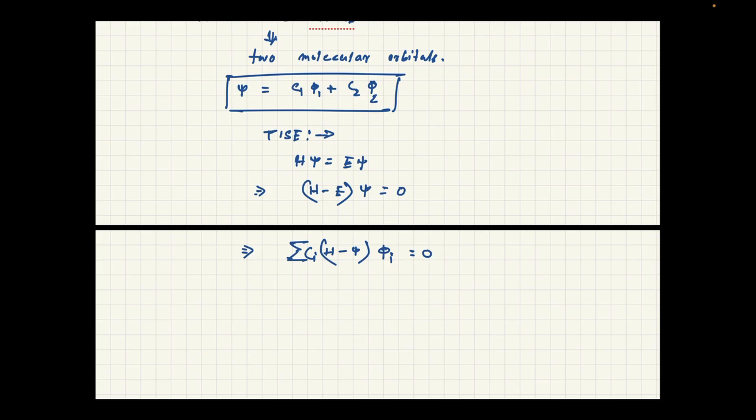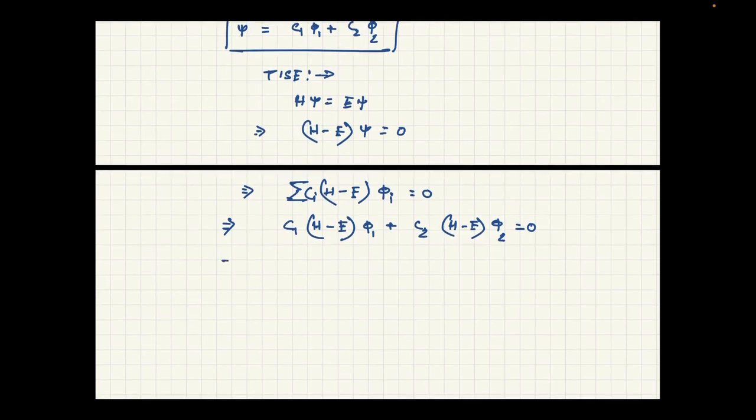If you break this term, it will be C1 (H minus E) phi 1 plus C2 (H minus E) phi 2, equal to 0.